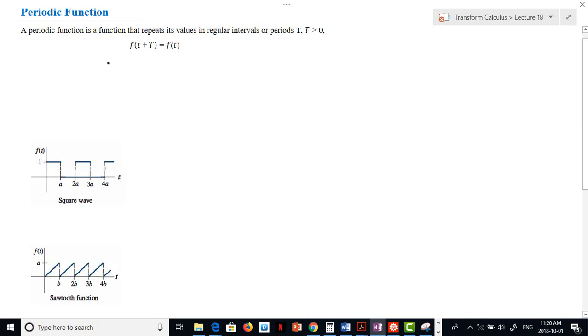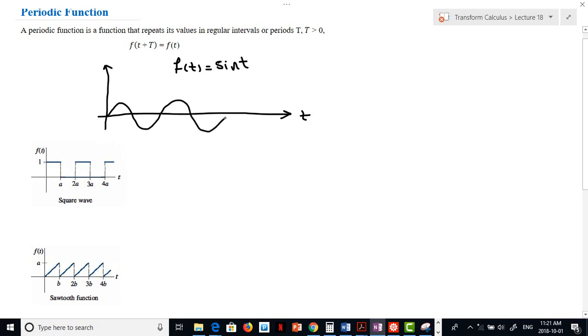So if I plot sine t, here we have t. I want to plot f(t) equal to sine t. So you know that the plot of sine t is like this.